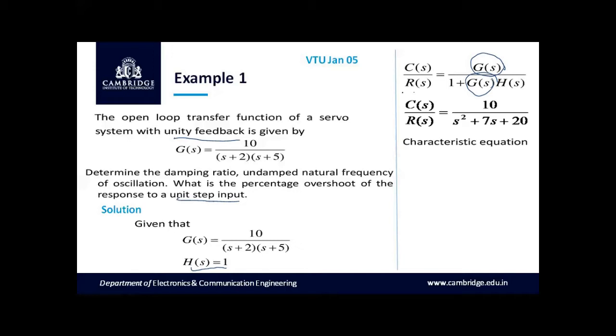So now we have to equate the denominator to the standard characteristic equation of a second order system given by s square plus 2 zeta omega n s plus omega n square is equal to 0. So if you compare both the equations, now 2 zeta omega n is equal to 7 and omega n square is equal to 20.